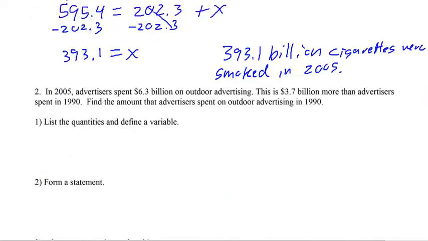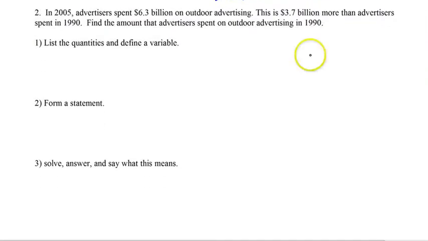Let's try it again just to show you they're all very similar. Alright, in 2005, advertisers spent 6.3 billion on outdoor advertising. This is $3.7 billion more than advertisers spent in 1990. Find the amount that advertisers spent on outdoor advertising in 1990. So again, we have two quantities.